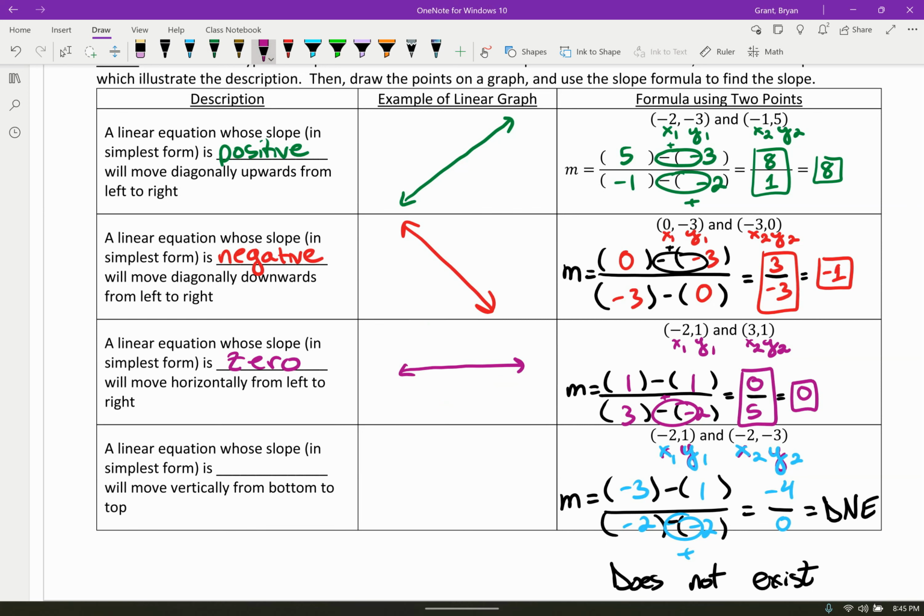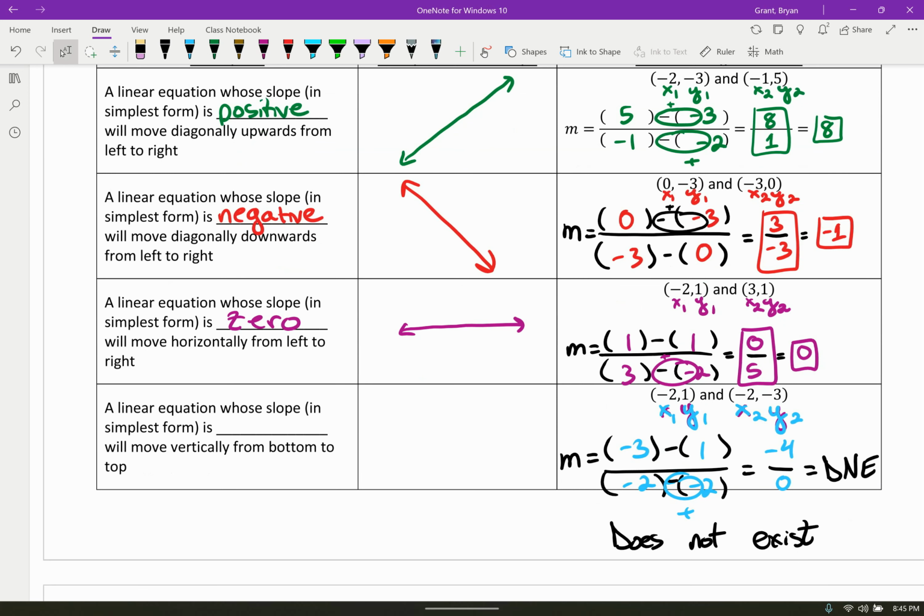However, the weirdest one is this last one. This does not exist. And so I'll even show you a slope that does not exist as we go this way, right? So if we have this steep line, which is 1, and then I make it a little bit steeper, now maybe it's a slope of 2, and then I make it a slope of, let's say, 50, and then I make it a slope of, let's say, 1,000. It's still not quite up and down. As I move closer and closer to vertical here, this number gets bigger and bigger.